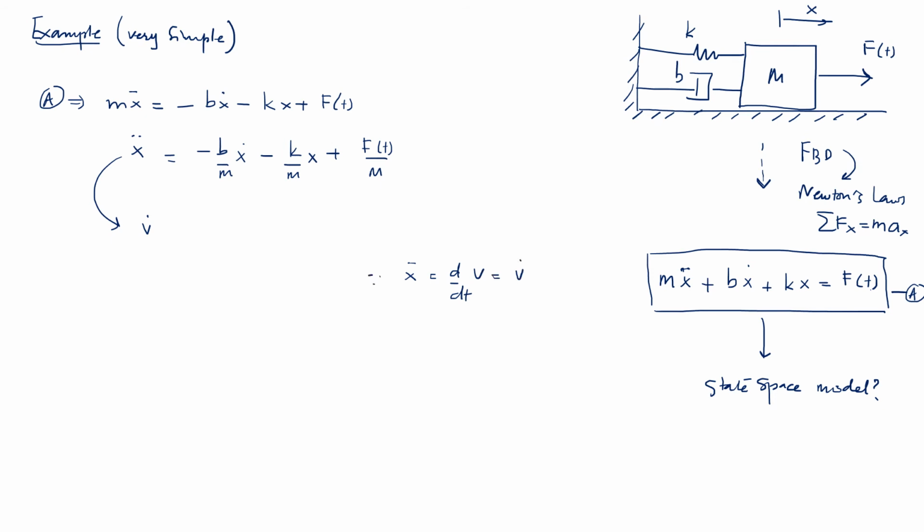So this is going to be minus b over m v minus k over m x plus f of t over m. Now I can see that this particular equation is a first order differential equation.